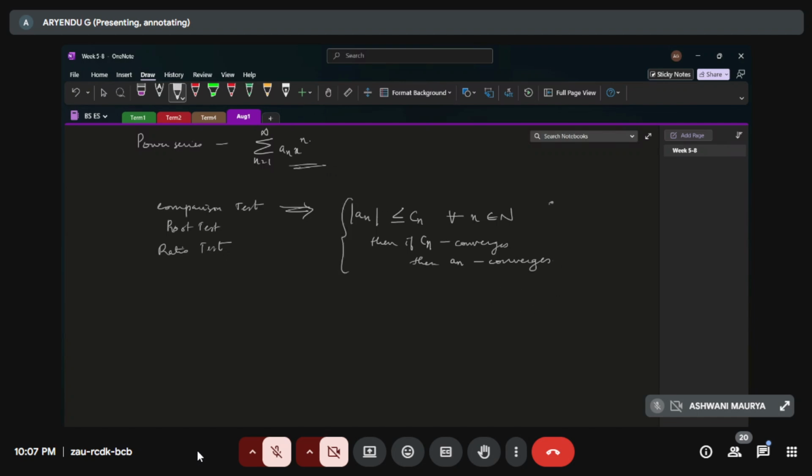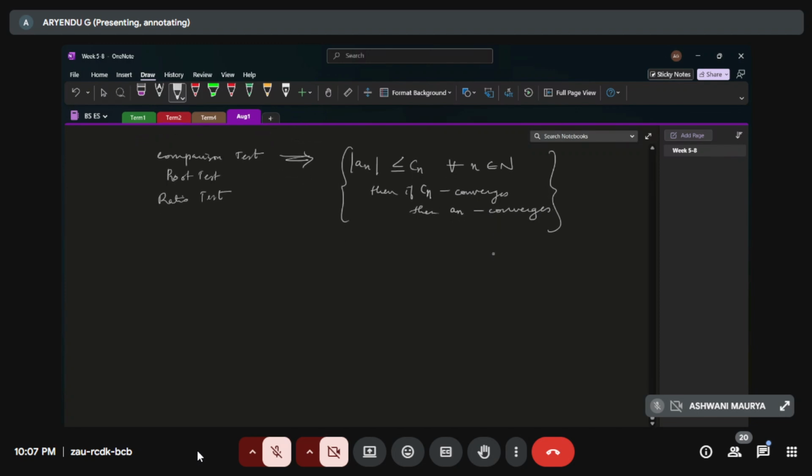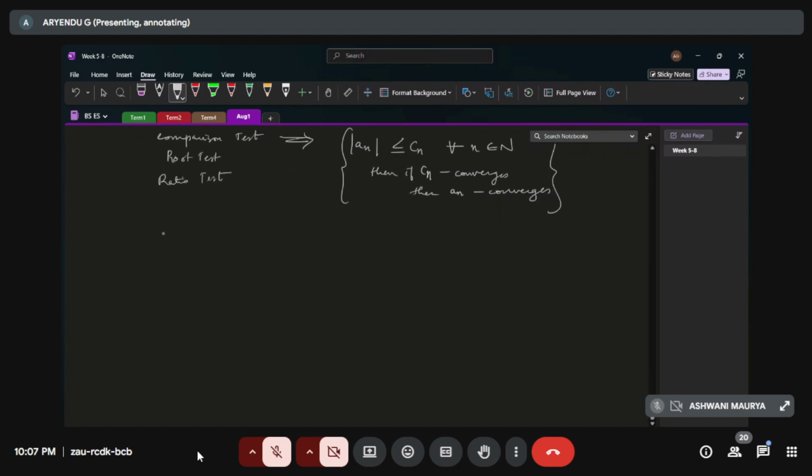This is a very simple rule. The difficult part is finding another series c_n such that it is greater than a_n at all points. If c_n converges, then a_n will converge, and if this one diverges, then this one will also be diverging.